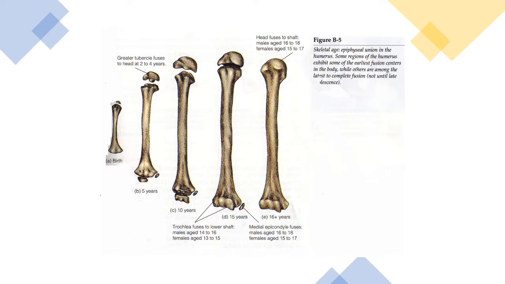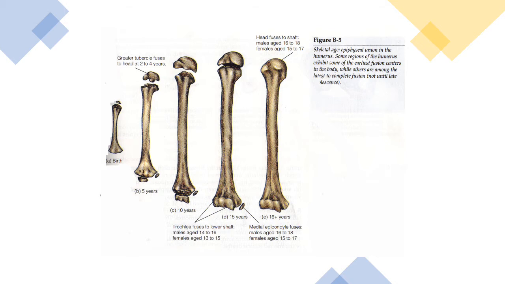With even younger individuals, you can see similar kinds of patterns of fusion of different components of these. The tubercles and trochleas and the epicondyles of your distal humerus are also very useful for distinguishing age of juvenile individuals that are not yet in their teens.